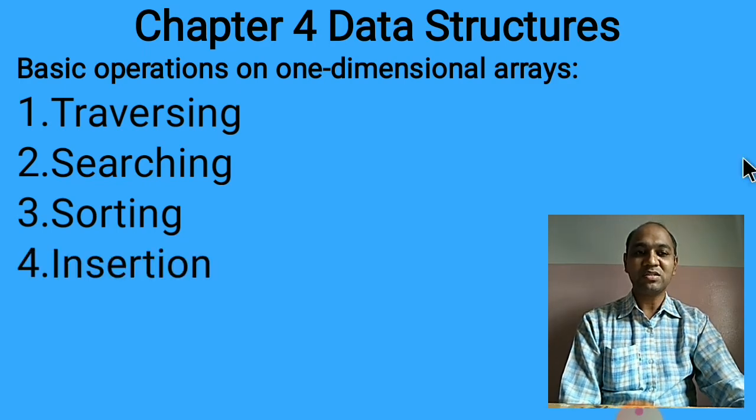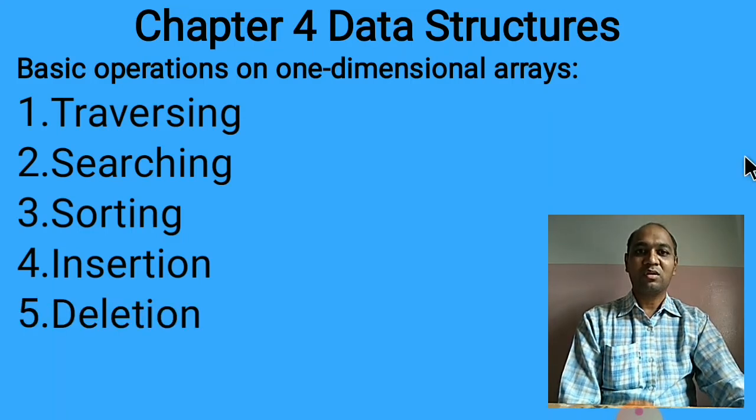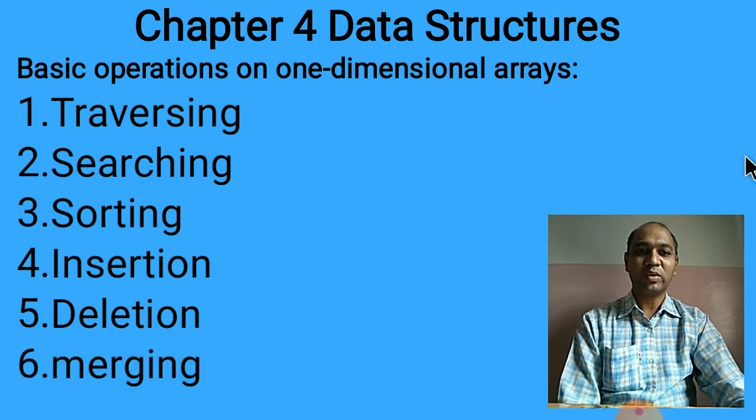The fourth one is insertion, which means adding one data item into a collection of data items. The fifth one is deletion, the process of removing a data item from the collection of data items. The sixth one is merging. Merging is the process of combining two data structures into a single structure.